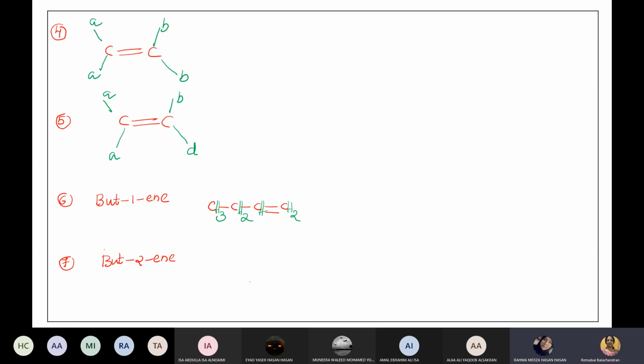No. Why? It's all H. Yes, because here 2 hydrogen atoms, 3 groups are the same. If 3 groups are the same, it doesn't show. So it does not.